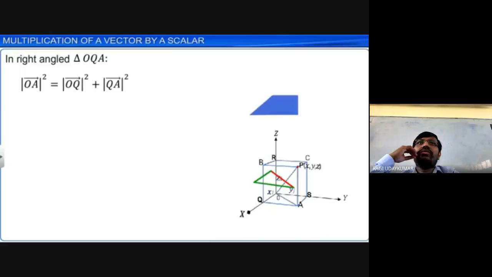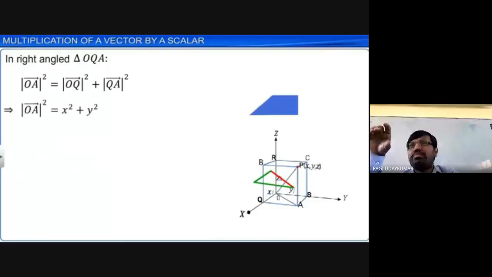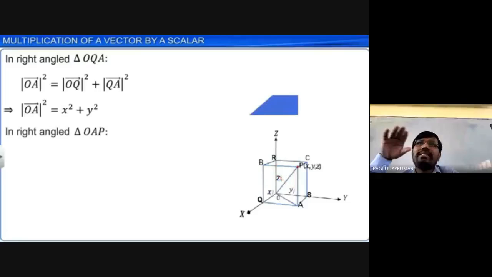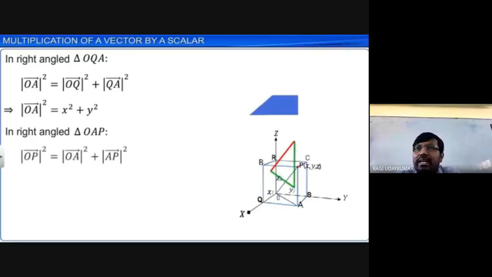Whenever you are drawing that perpendicular line, the magnitude of OA square is written as x square plus y square, and in the same way in triangle OAP, if you are taking OP, the magnitude of the vector OP you are going to get as x square plus y square plus z square.